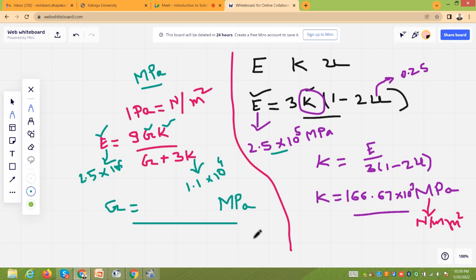1.1 into 10 to the power 4 into 3. You will get something. All students, please try.